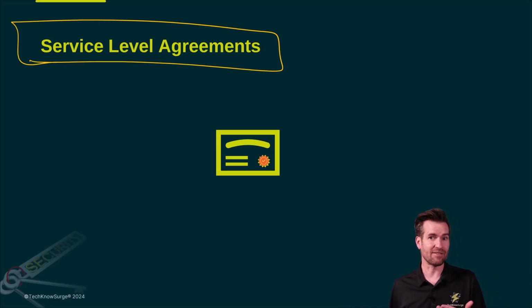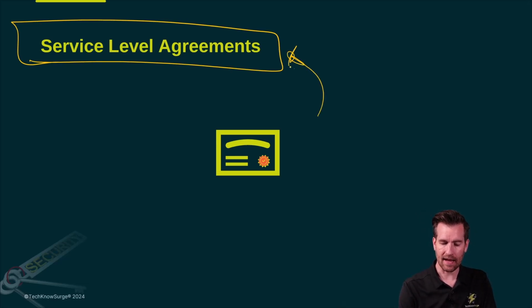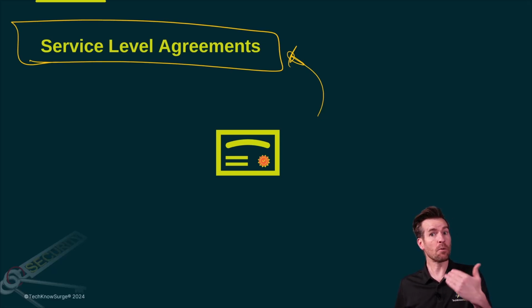So even though 5 9's is something to strive for, 3 9's might be something that we put on our SLA. And that's our guarantee that we will at least maintain these 3 9's. And if not, we'll give you a portion of your bill back. And so that is your service level agreements.